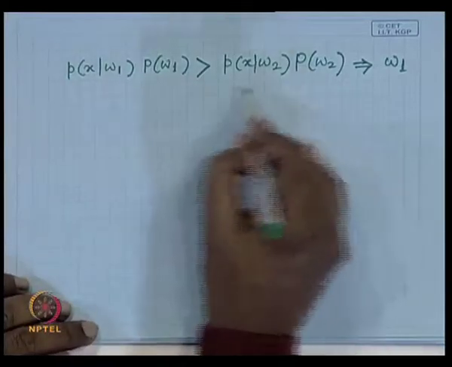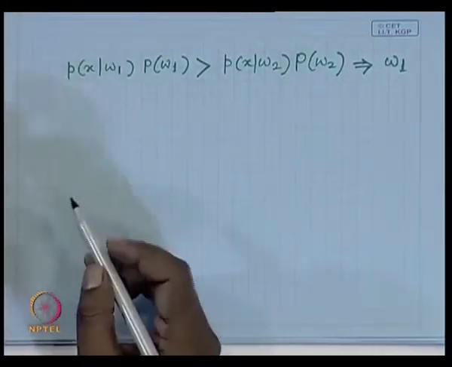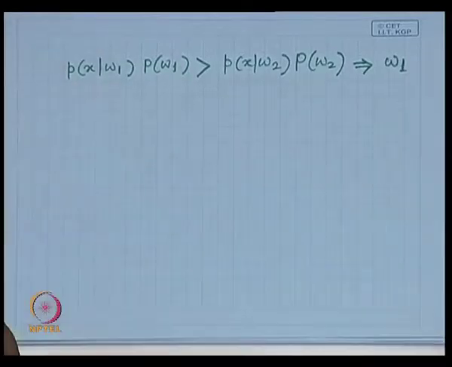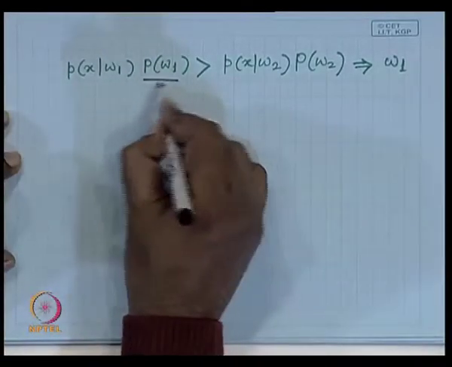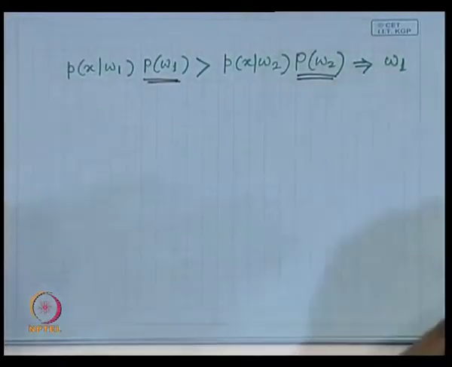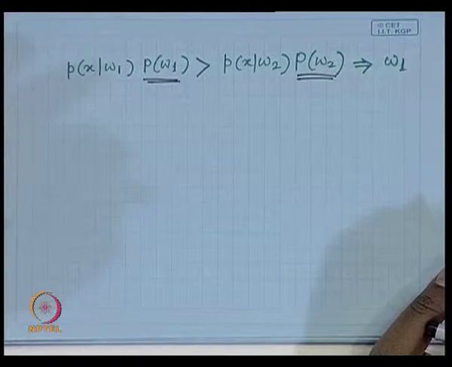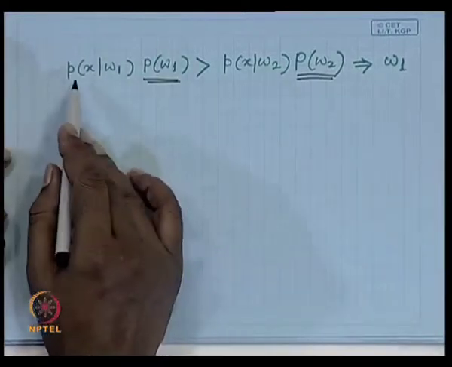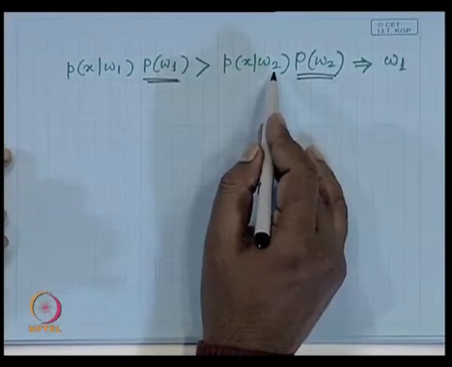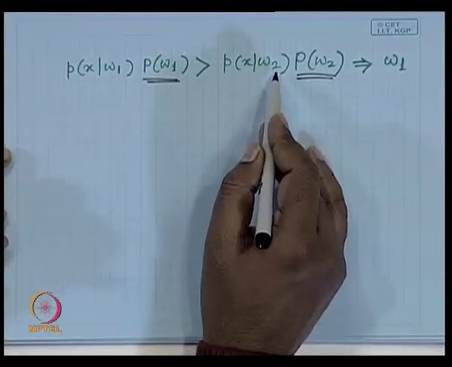So, over here if P of omega 1 is the same as P of omega 2, that means the particular form produces objects which are equally likely to be rejected or to be accepted. In that case, my decision is based on P of x given omega 1 and P of x given omega 2, that is class conditional probability. Okay.